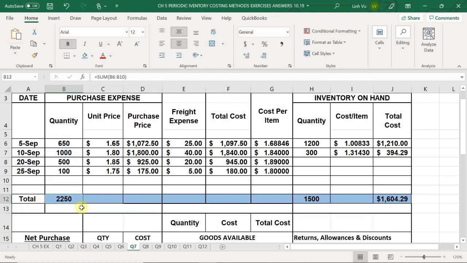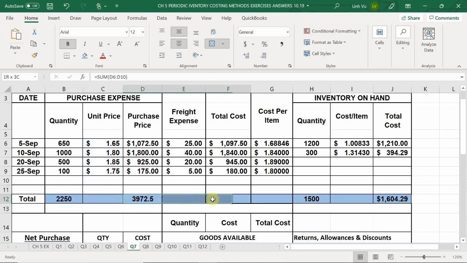And then what is my total purchase price? $3,972.50.